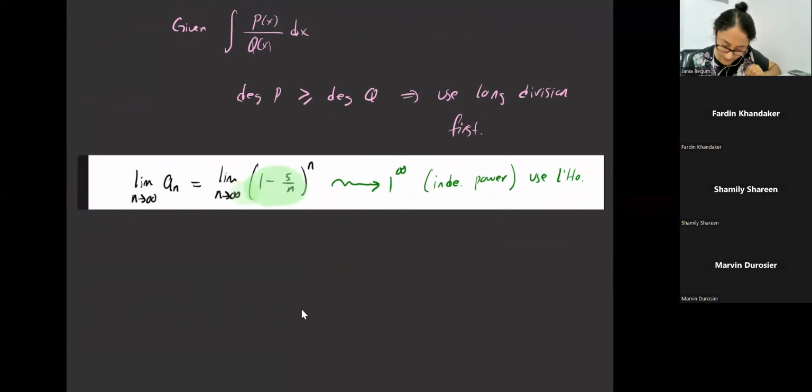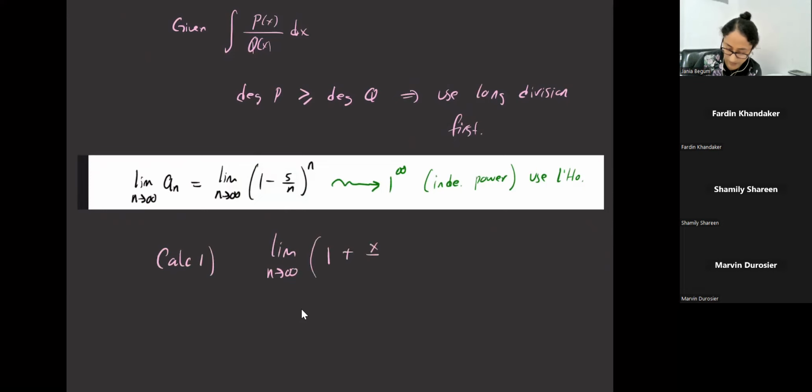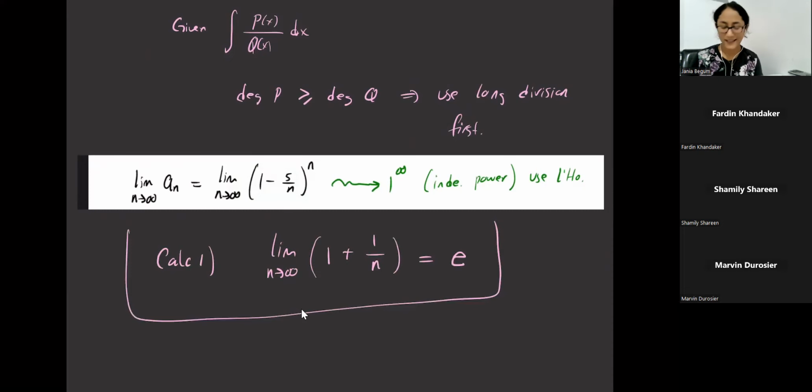Let me know if this makes sense. I just separated them, right? Now you are trying to remember from Calculus 1 that if you have the limit as n approaches infinity of 1 plus x over n, then this limit is e. Let me know if you remember that from Calc 1.